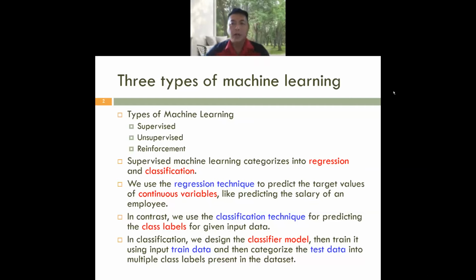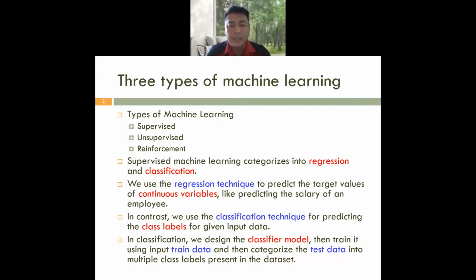They are called regression and classification because they deal with different types of data that you want to learn. For example, we use the regression technique to predict the target values of continuous variables, meaning that if you want to predict numerical or continuous values, then regression is the best technique to use.